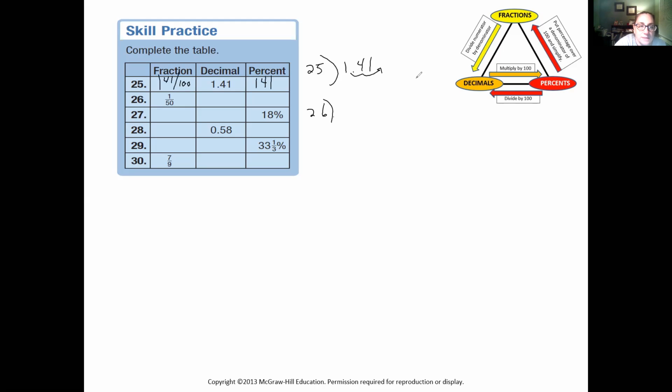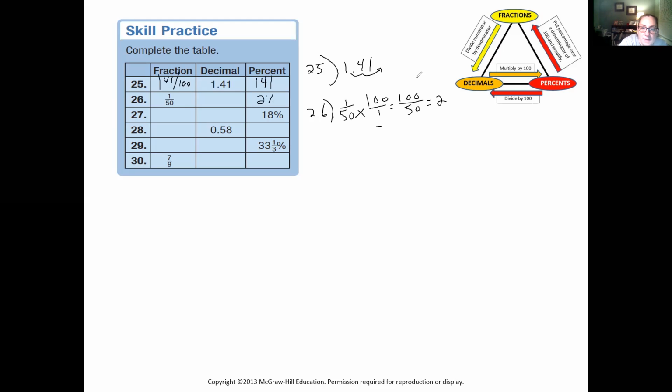Right, so to find the decimal, or to even find the percent, if you remember to find the percent, we could do 1 over 50 times, was it 100 over 1? And then 100 divided by 50 is 2, so it would be 2%.